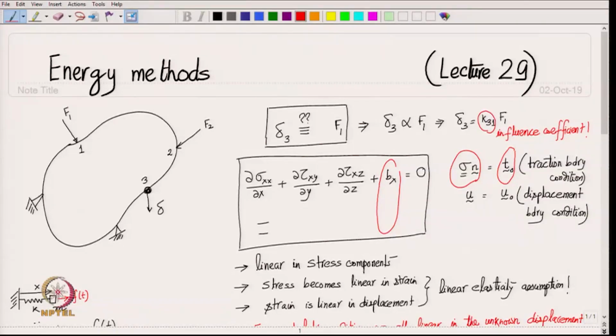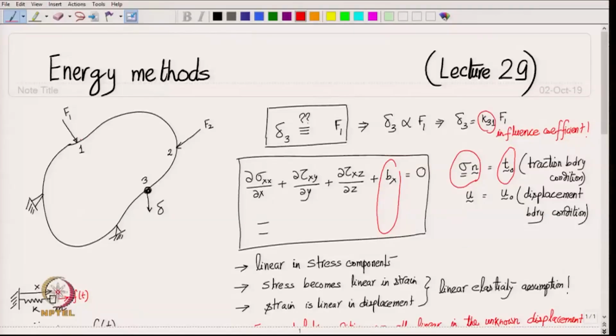If you change the location of the force 1, so if the point 1 is changed, then k 3 1 will also change. Likewise, the point where you are measuring the displacement, point 3, if you change point 3, then k 3 1 also will change. So, the influence coefficient depends on both the location of point 1 as well as point 3, but it does not depend on the value or the magnitude of the force applied.